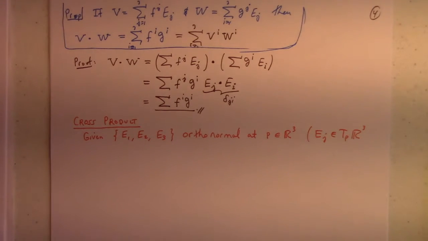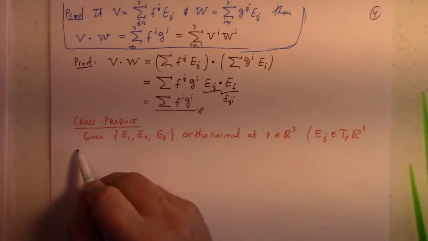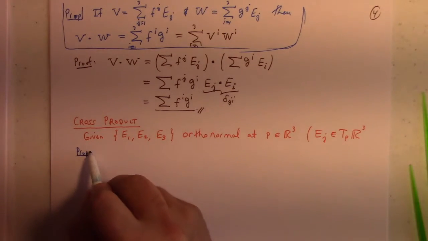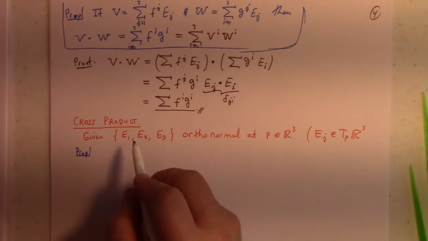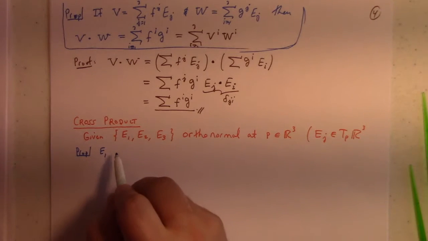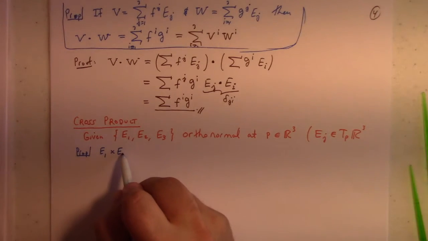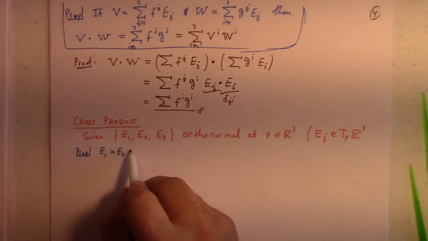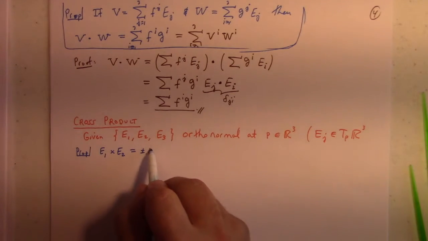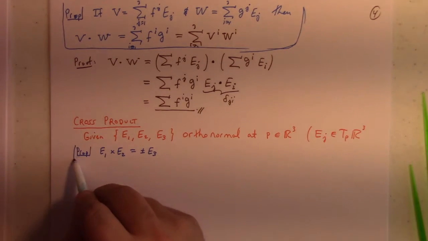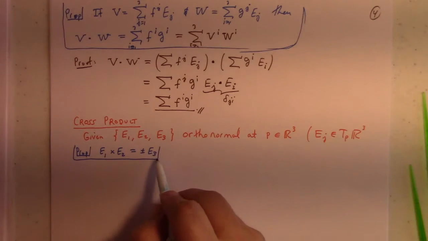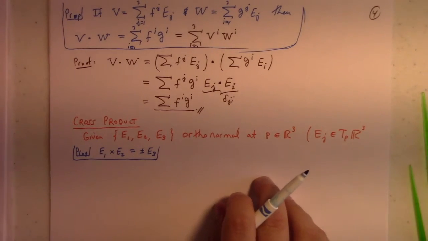So that's a claim. Proposition. And I'm going to prove the proposition for E1 and E2. I'm going to prove that E1 cross E2 has to be equal to plus or minus E3. But you could just as well do this argument for 2 and 3 or 3 and 1.